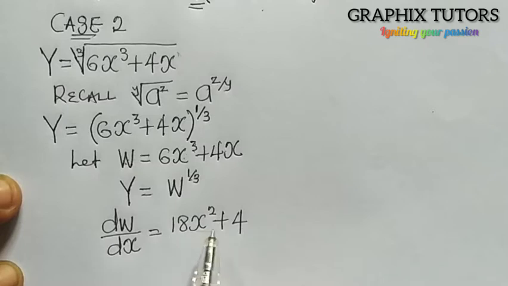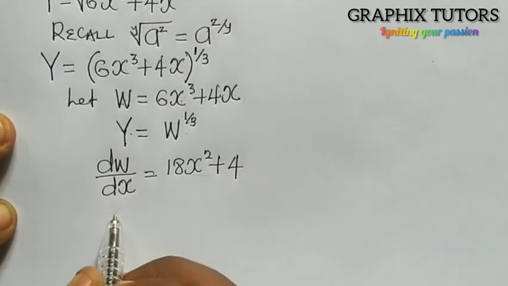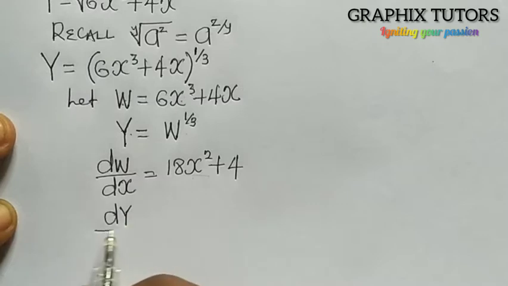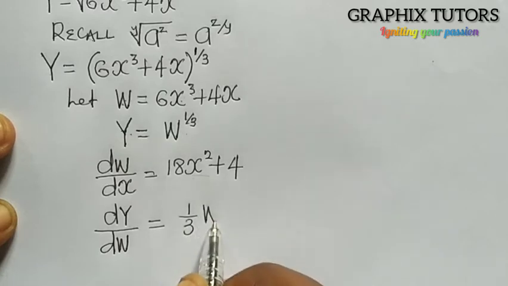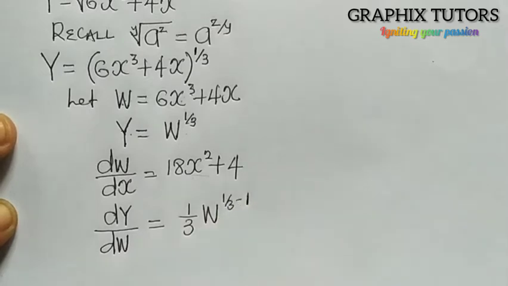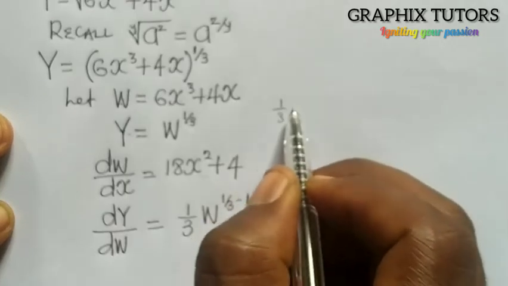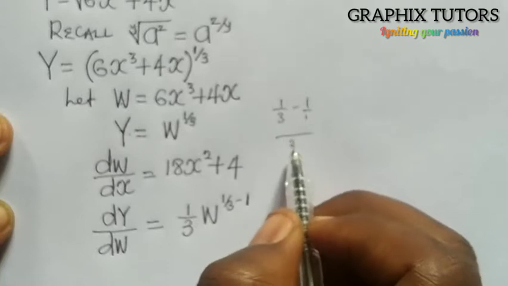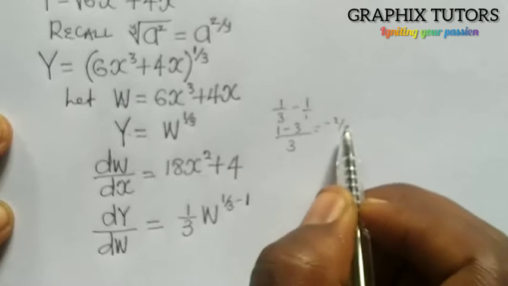Now from here, this is what we have. And also I will now differentiate y with respect to w. So dy over dw will now give me 1 over 3 w to the power 1 over 3 minus 1, right? So when you do 1 over 3 minus 1, the LCM here is 3, this is 1 minus 3, having minus 2 over 3.